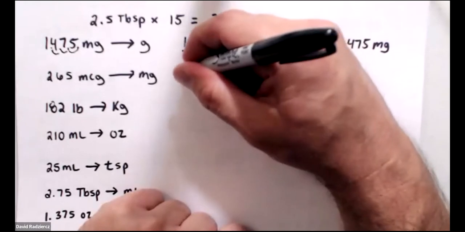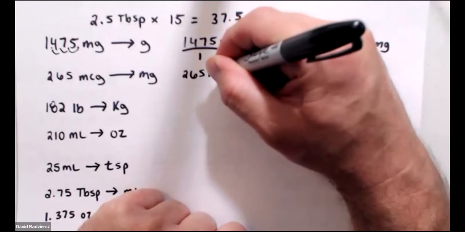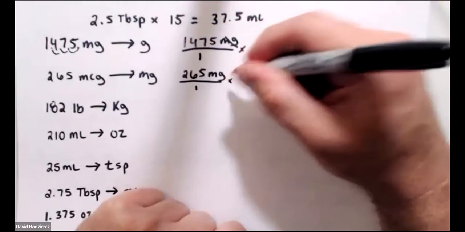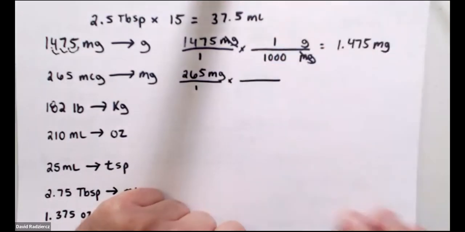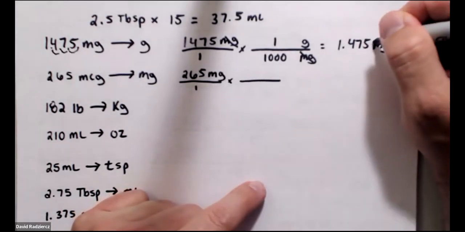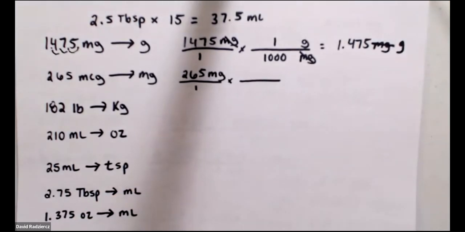I'm going to do the same thing with this question. I'm going to take my 265 milligrams. I'm going to put it over 1. I'm going to make a conversion factor. Do we know how to go from milligrams to micrograms? Oh, yes, thank you. That is supposed to be micrograms. That was my fault. Sorry.